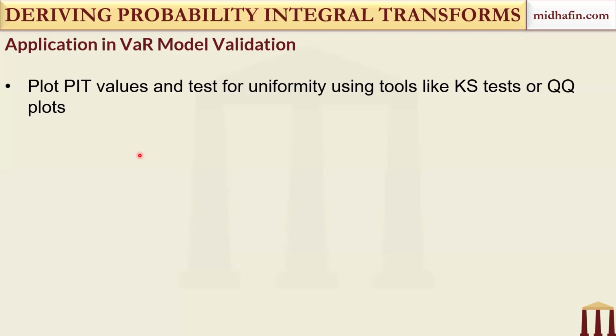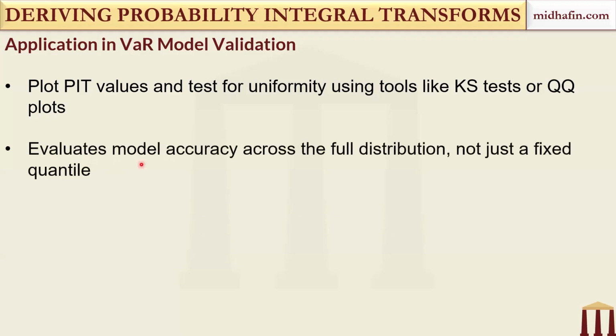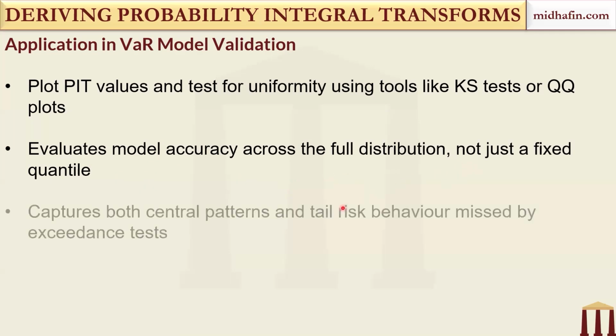So that is also one of the ways. Using these methodologies, financial institutions can evaluate whether a VAR model provides accurate probability forecasts across different quantiles, not just a fixed confidence interval. And this approach captures both central patterns and tail risk behavior missed by the exceedance tests.